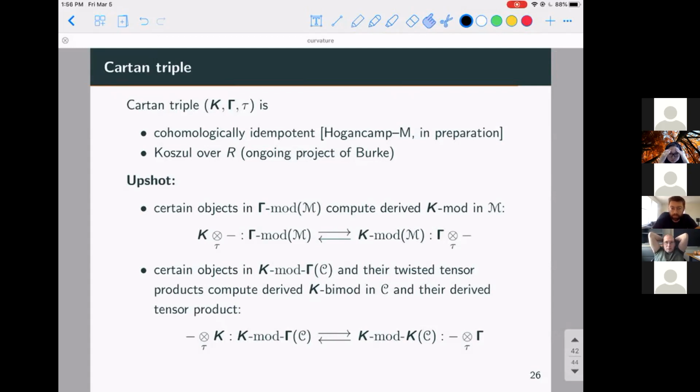But this is the work of some ongoing project of Jesse Barker. But actually, we take a different path. Matt and I just stick to this notion of a homological idempotence of a triple, and show that this triple continues to have that property after this deformation. And so the upshot is, we care about K modules.